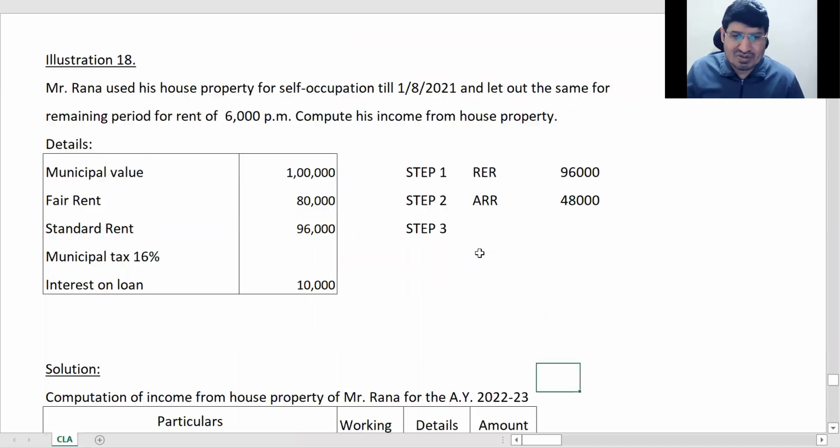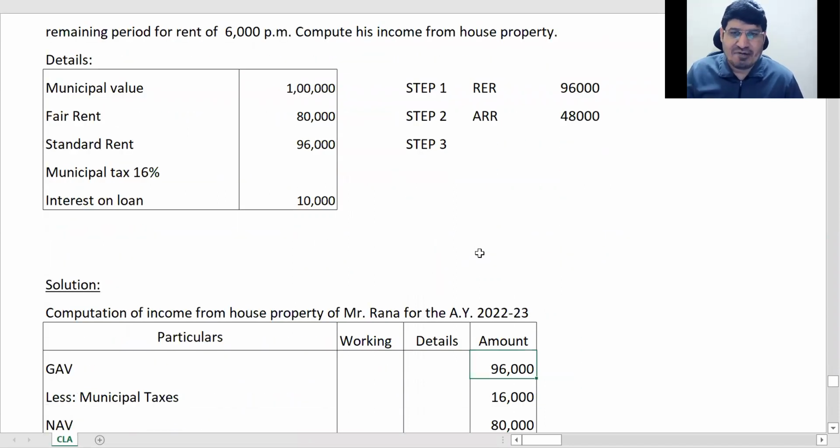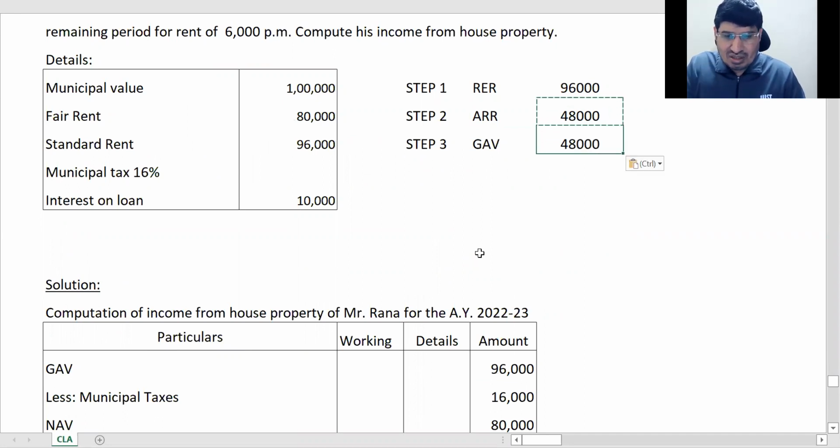So that 96,000 has been written here as GAV. So step 3, GAV is 96,000. This GAV we have put here.